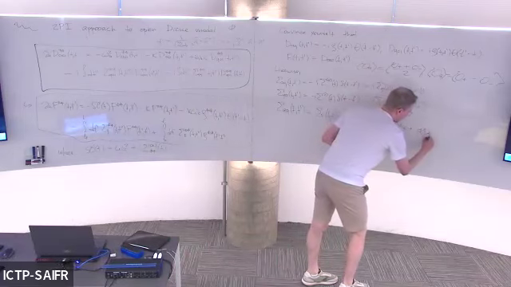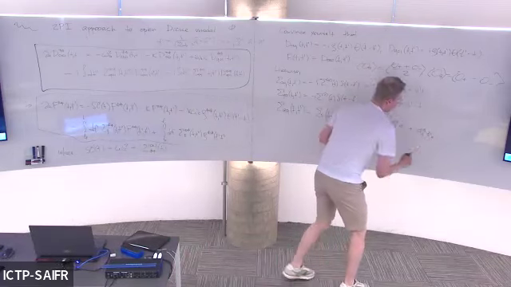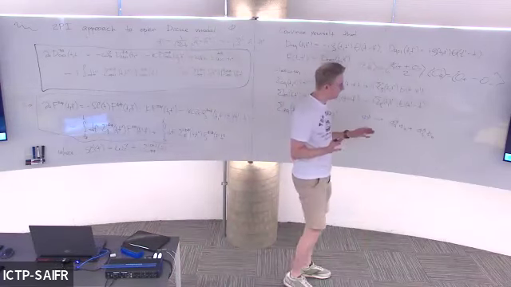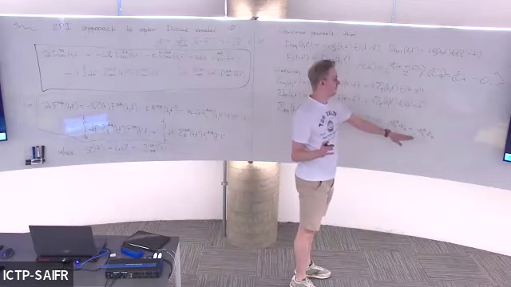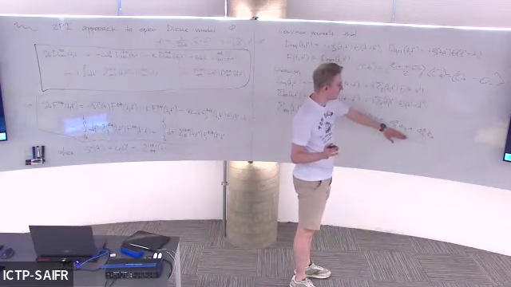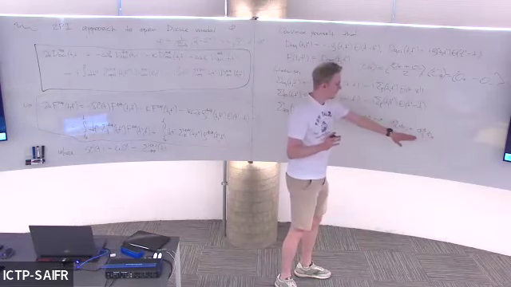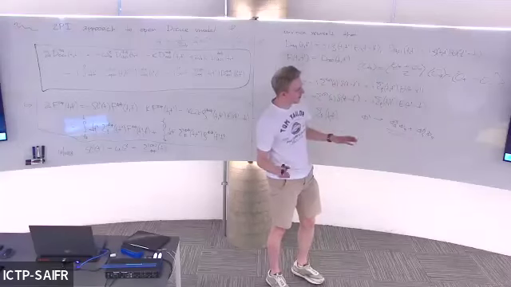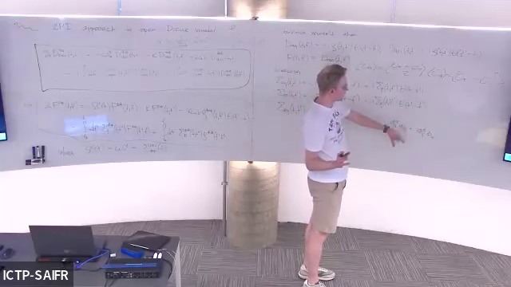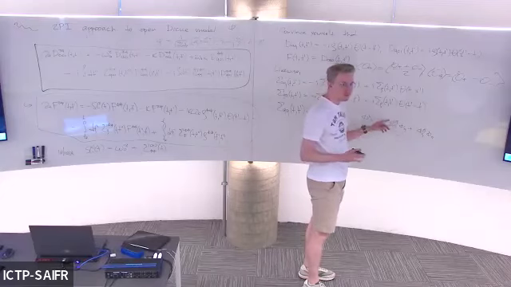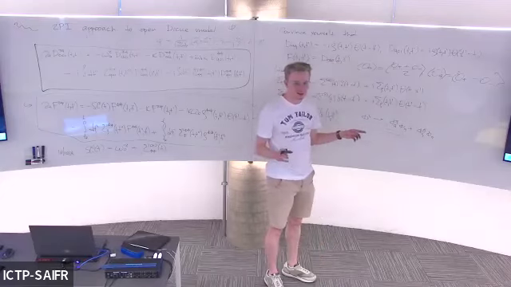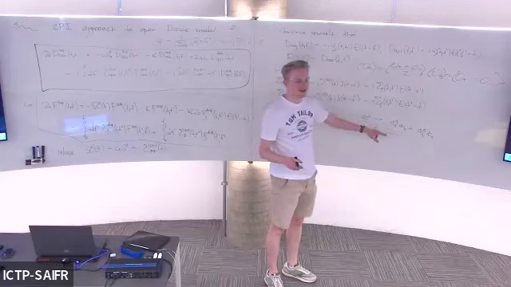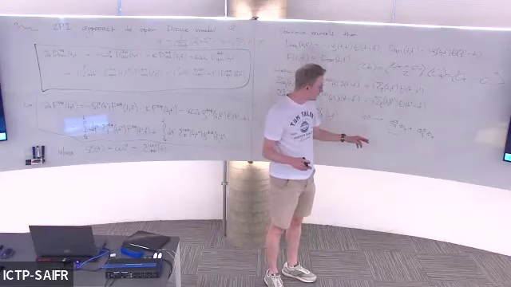One way to argue is that in a lot of cases, this one is more important than this one. If you neglect this one, then the remaining action is at most quadratic in the quantum field. And remember the trick that Jamir showed you, how you can reformulate this as a Langevin equation.